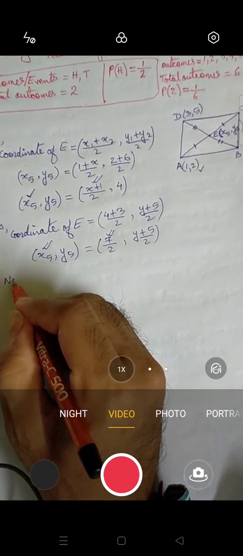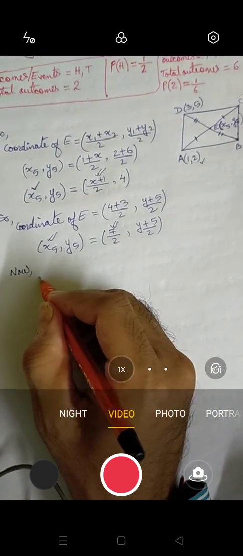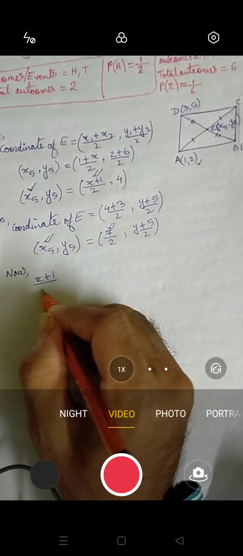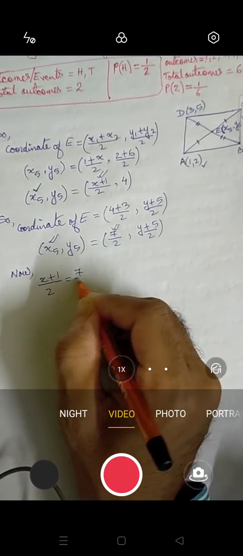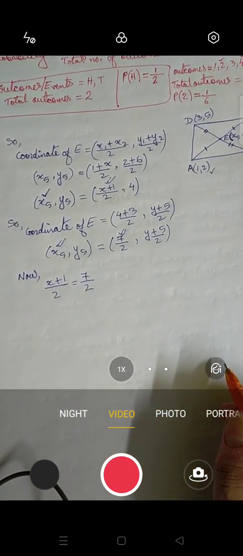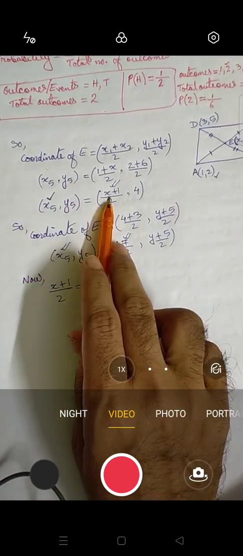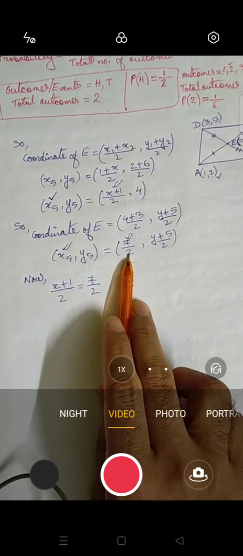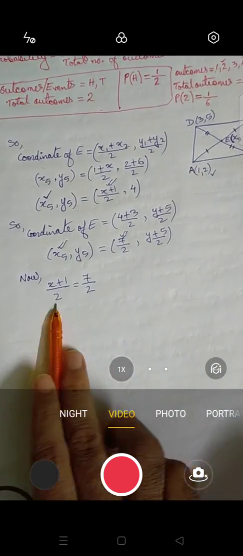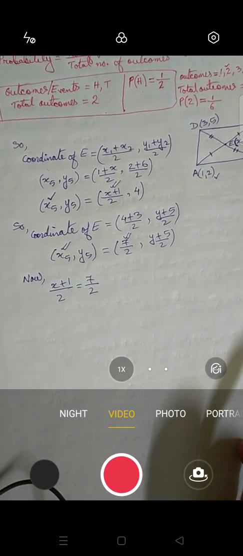Now can I say that x plus 1 by 2 equals 7 by 2? Understood? This is x5, this is also x5. So both will be equal, so we have made it equal. Correct?